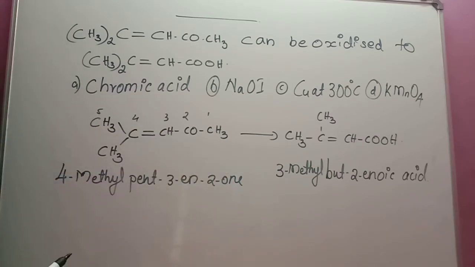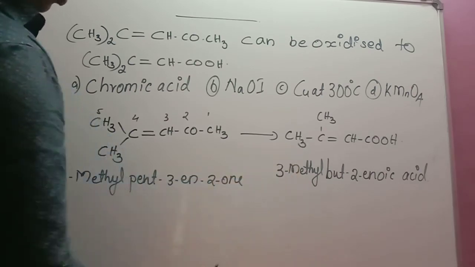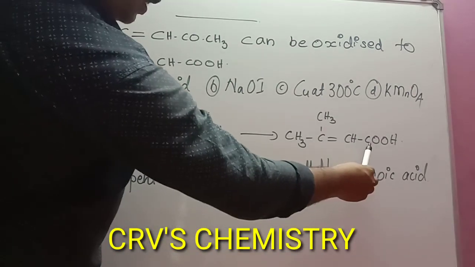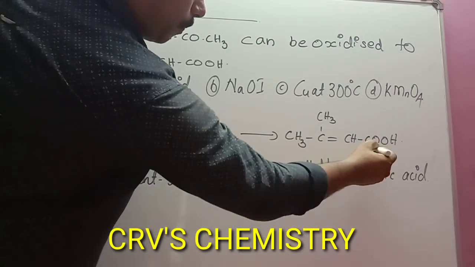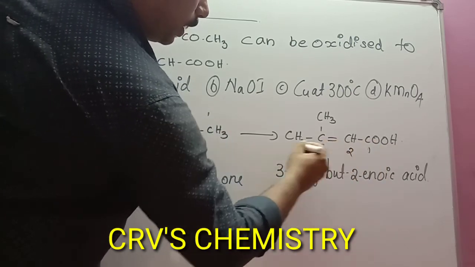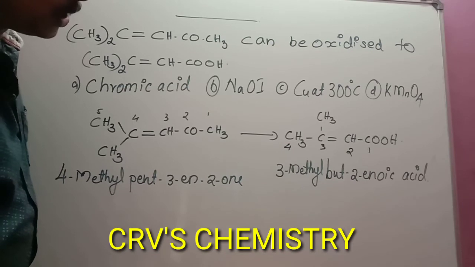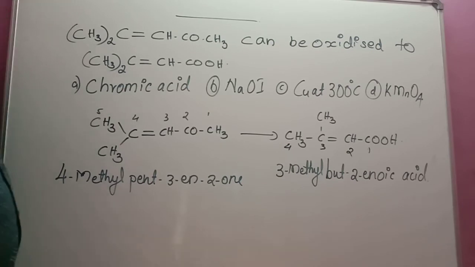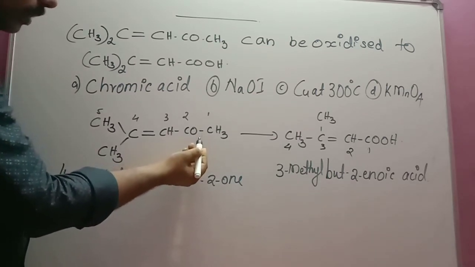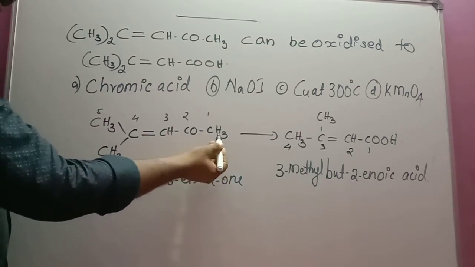That's the reactant molecule. Now when you name the product molecule, what you observe is that it has only 1, 2, 3, 4 carbons. So it is 3-methyl but-2-enoic acid. 1 carbon is less. And here you can understand that 1 carbon might be lost from here.